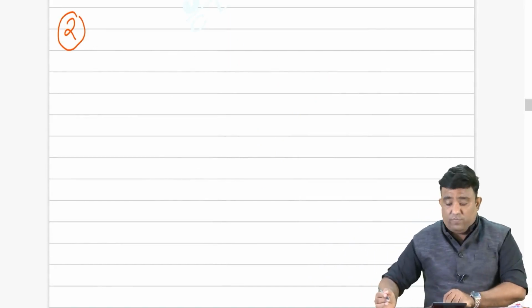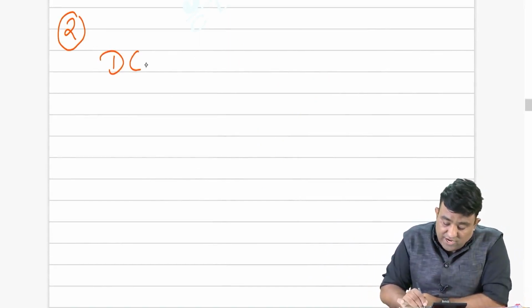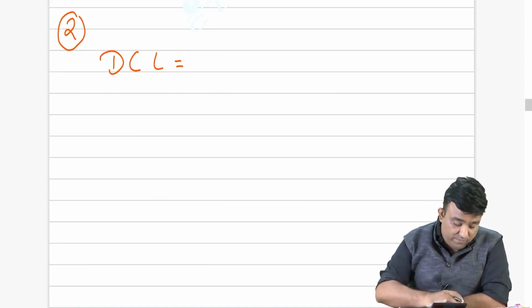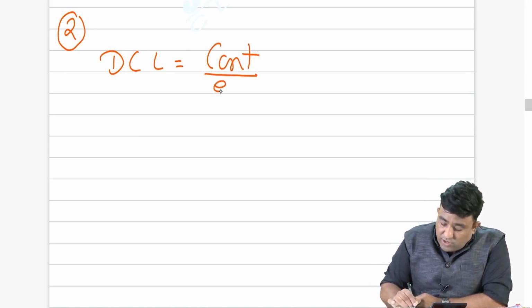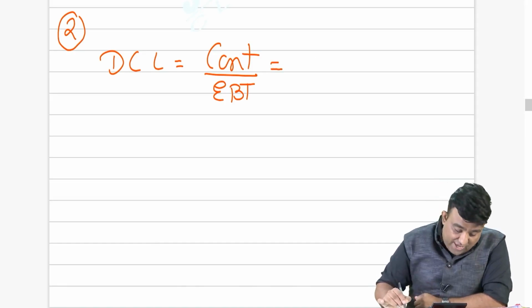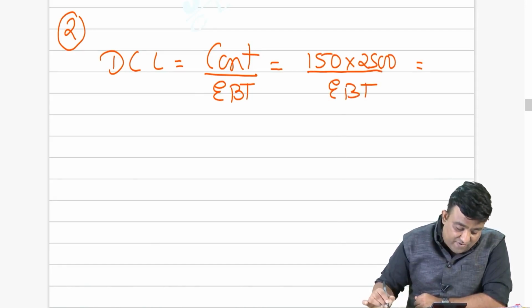Just concentrate well now. Starting with number 2. Student, check out. Do we have calculation of DCL ready? Why DCL? Because DCL is given, 24. Can I calculate DCL directly? Yes. Contribution upon EBT. Do we have a contribution ready? Yes, it is 150 rupees contribution into 2500 units. EBT is missing and DCL they have given.